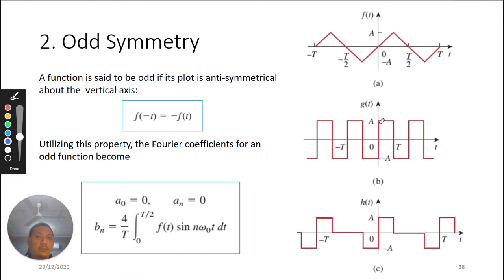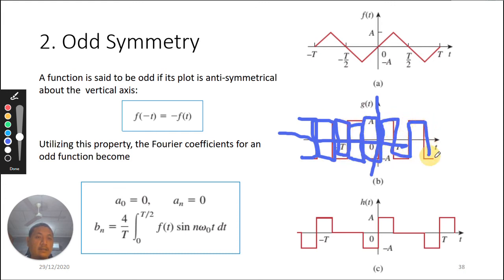Same thing for this second signal. If you fold here, you will get this, which is the reverse of this, but if you fold here, you will get the same. That proves that this is an odd symmetry signal.